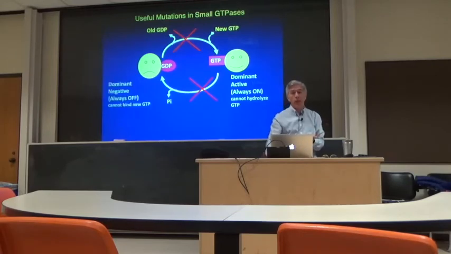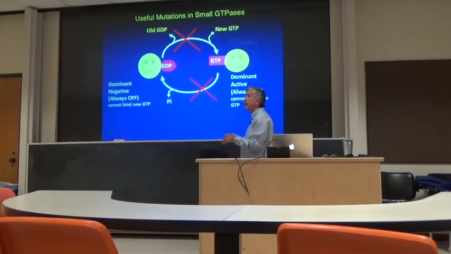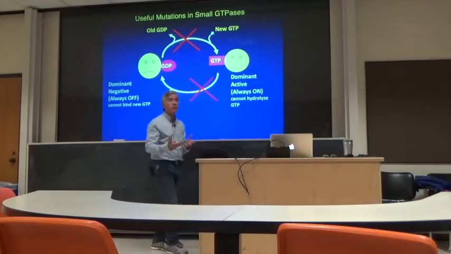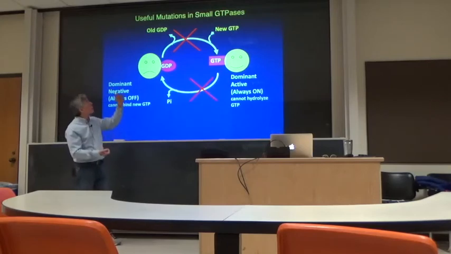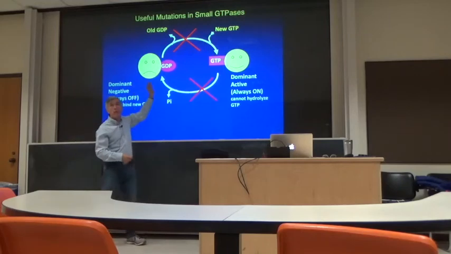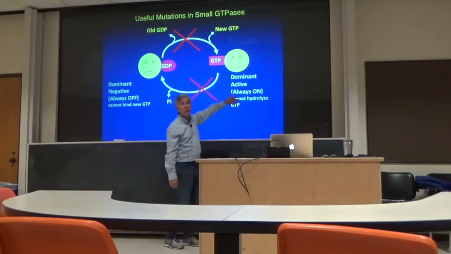Alternatively, we can have a mutation that blocks the ability of the small G protein to bind GTP. So in that case, we might have a protein that has no nucleotide at all, or that can bind GDP but not GTP. So this protein will not be able to be turned on into the activated state.